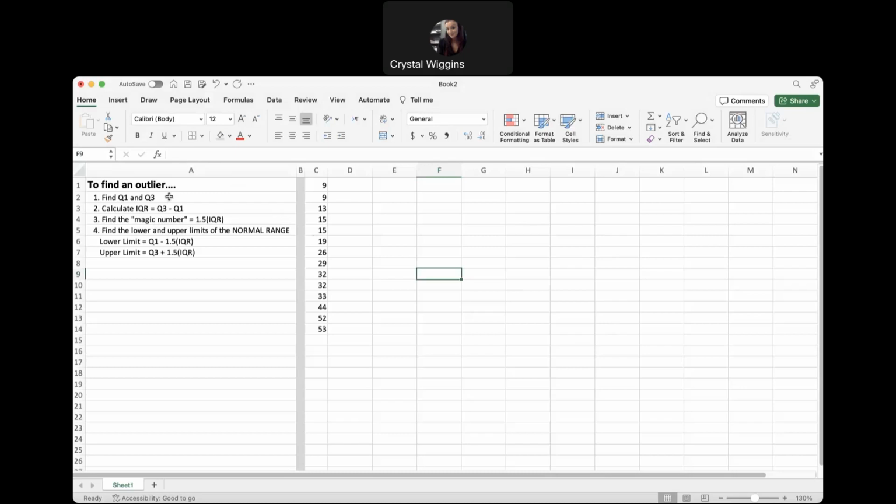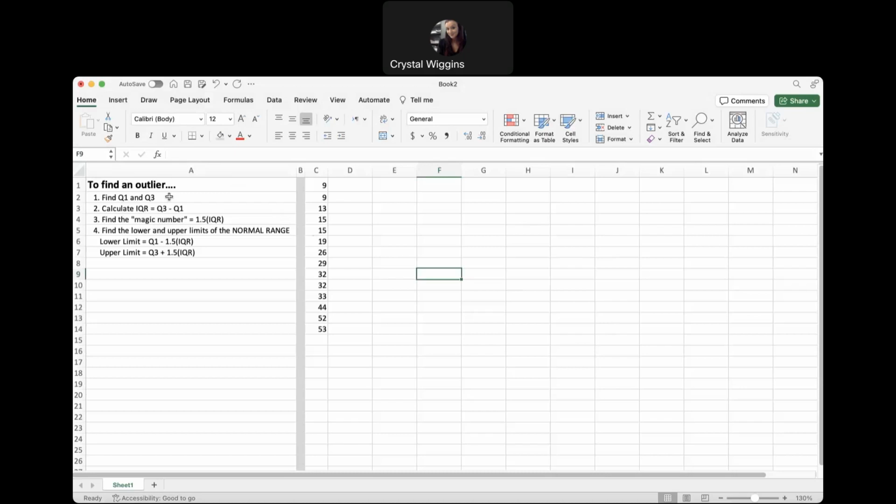And then once we have that magic number, we will then proceed to find our lower and upper limits of what we call the normal range for the data values. Okay, so if we take the quartile 1 that we calculated in step 1 and subtract this magic number, we will find the smallest number that is still considered normal.